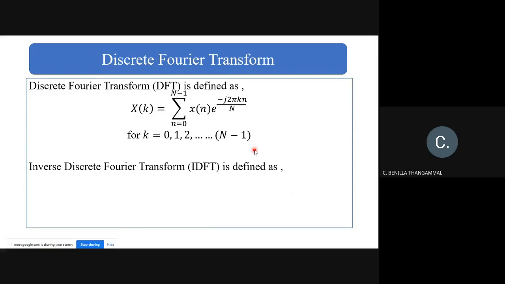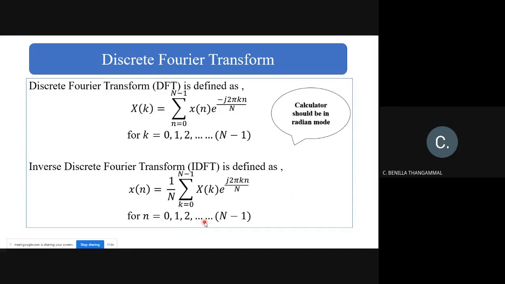Again, the inverse discrete Fourier transform, IDFT, is defined as x of n equal to 1 by N summation k equal to 0 to N minus 1 X of k e power j 2 pi k n divided by N, where n is equal to 0, 1, 2 till N minus 1.